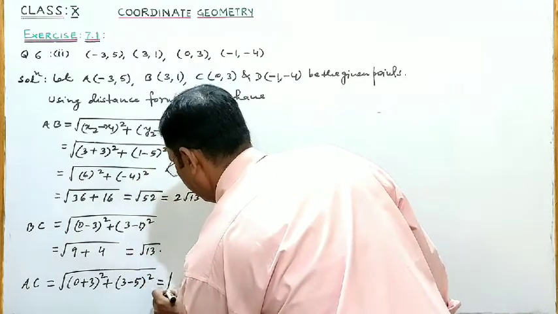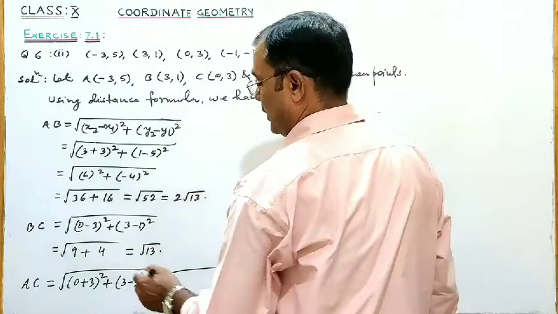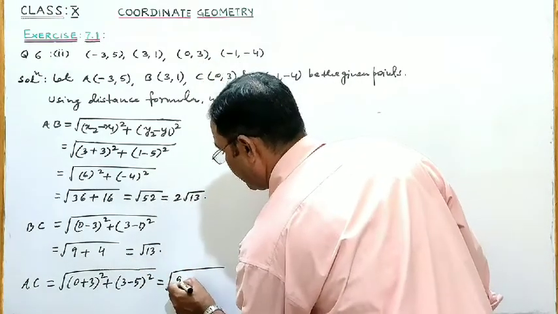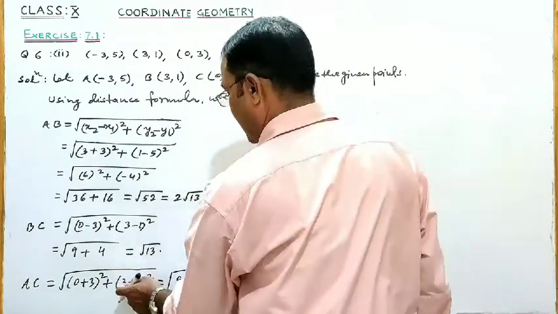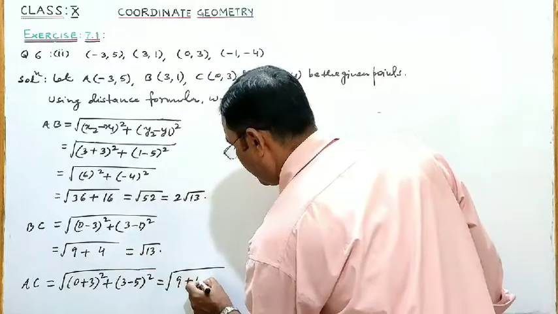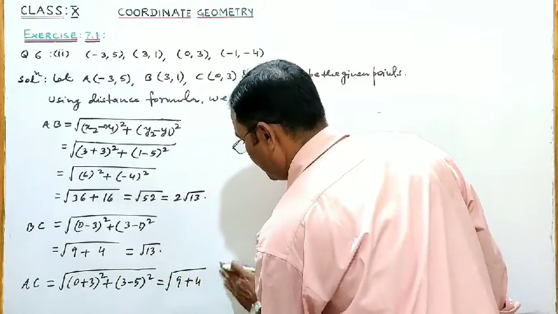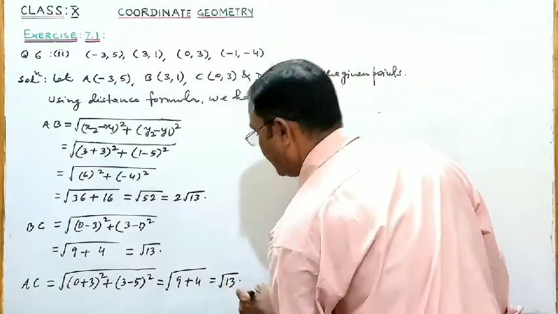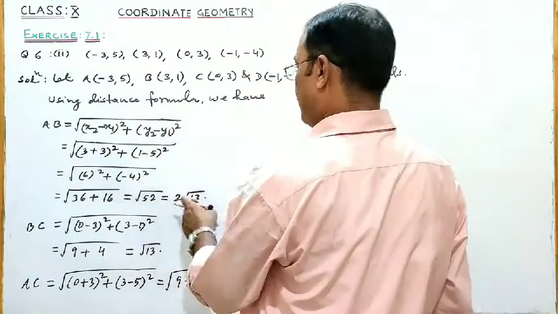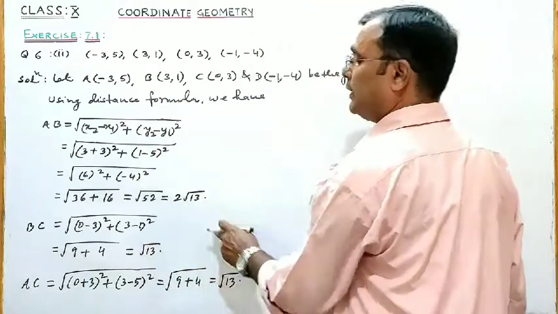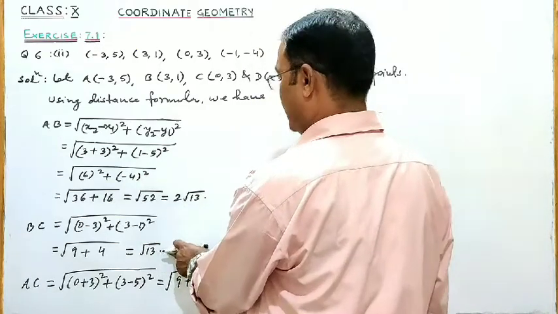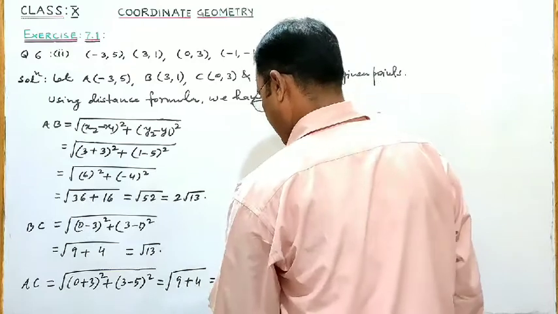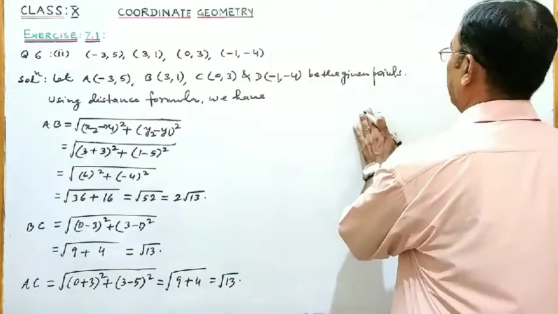This is equal to under root 3 square 9 plus minus 2 whole square 4, so 9 plus 4, 13, under root 13. AB we have got 2 under root 13, BC we have got under root 13 and AC we have got under root 13.